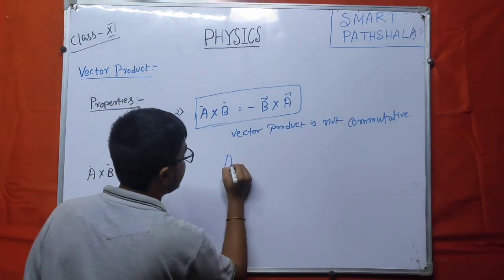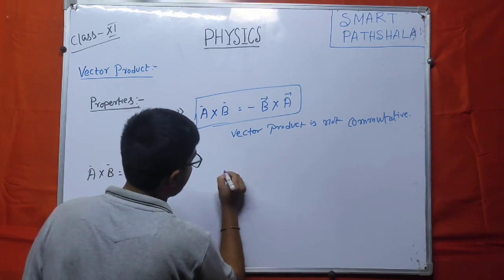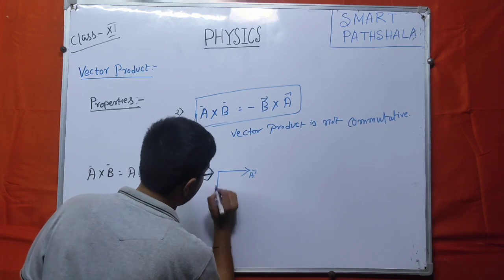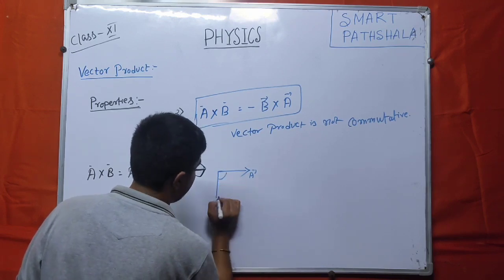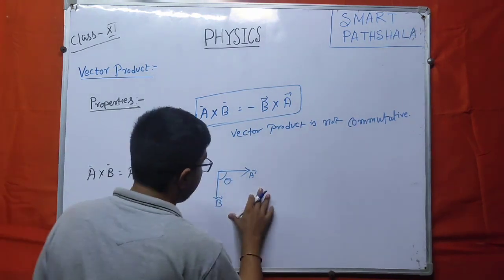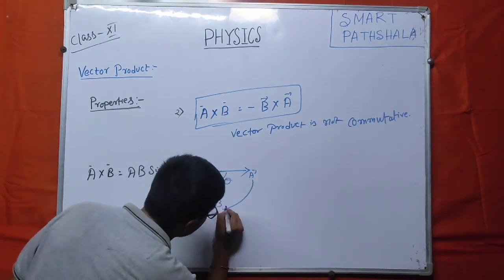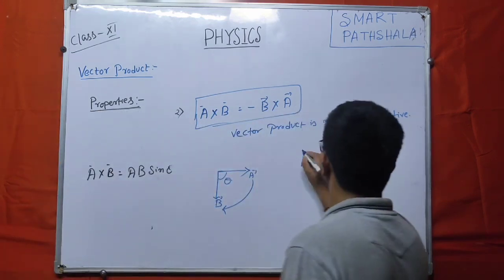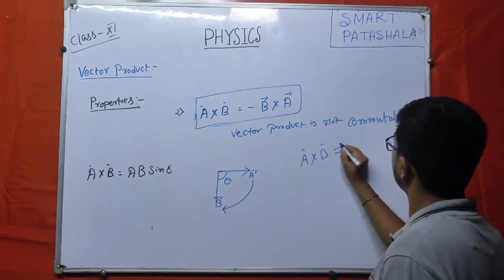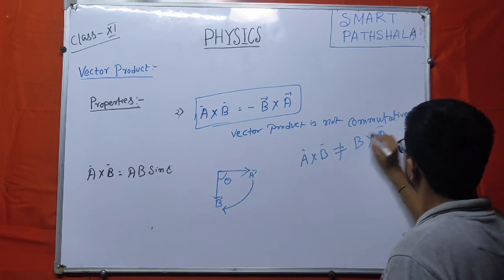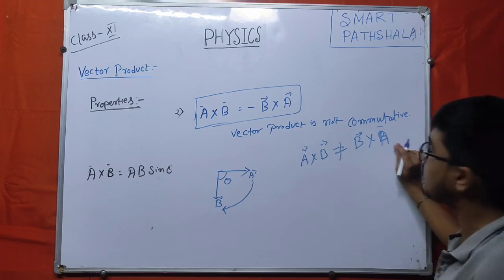This means that you are given two vectors, a vector and b vector, and the angle between them is theta. If you multiply a vector with b vector, this is not equal to b cross a. Never. A cross b is not equal to b cross a.